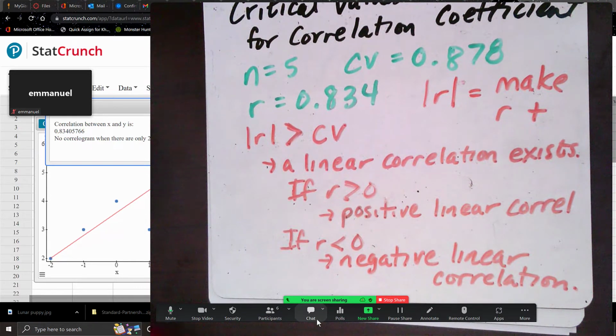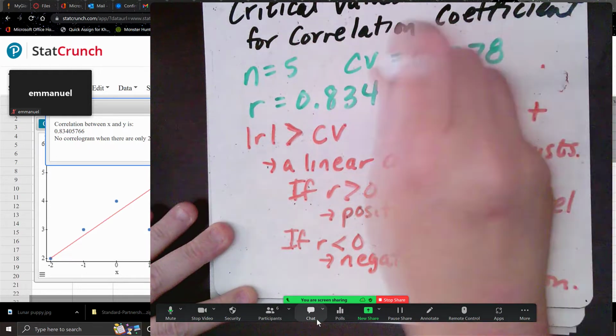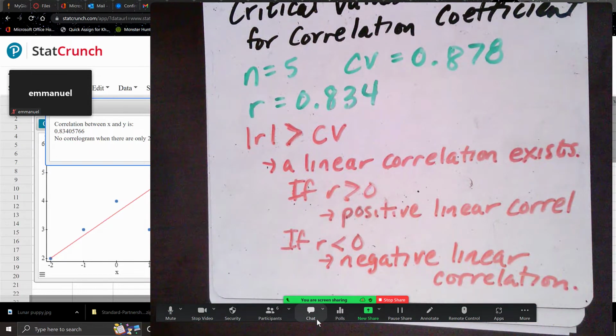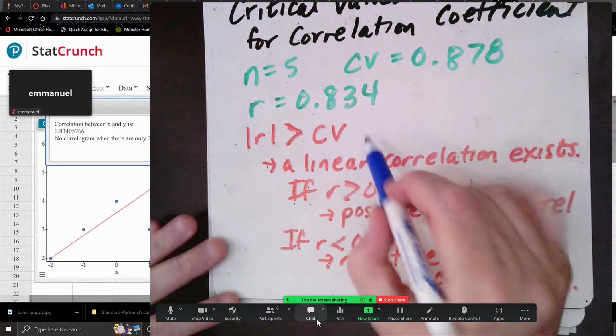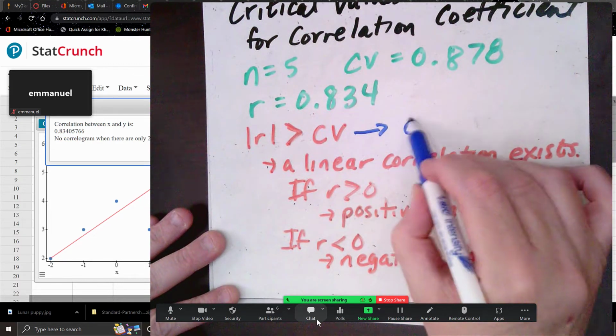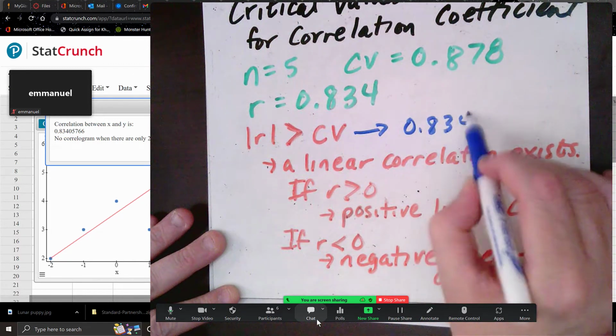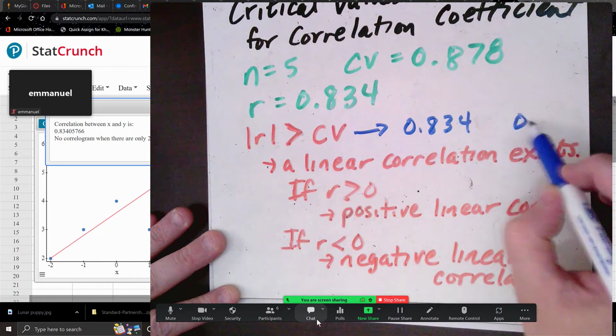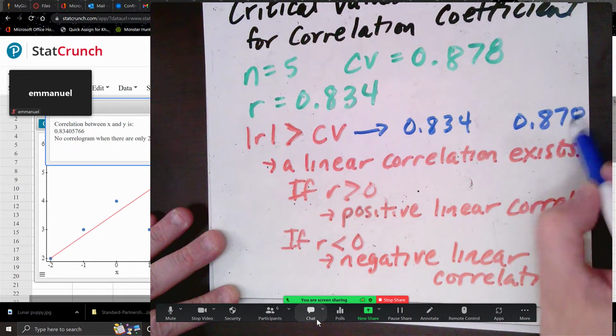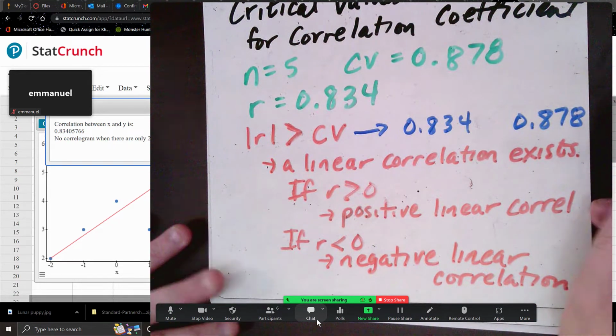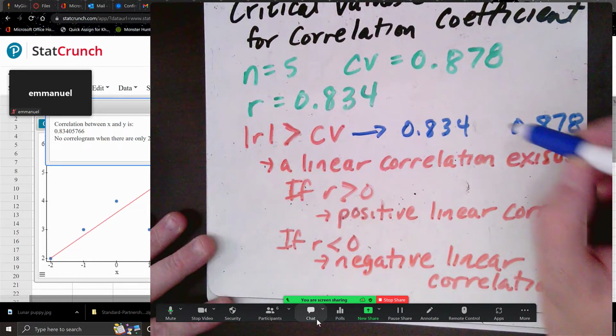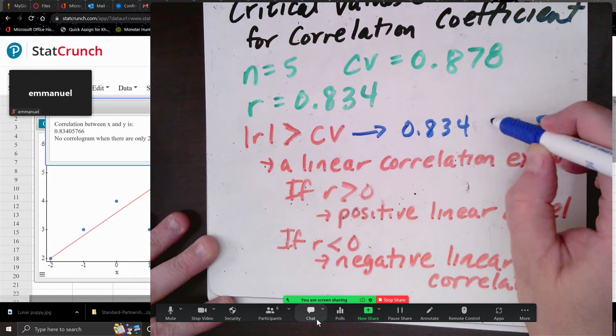So I'm going to do that with our numbers right here. Let's just compare them real quick, see what happens. I've got 0.834 and 0.878. In the problem, the numbers I just put in, this is less than.